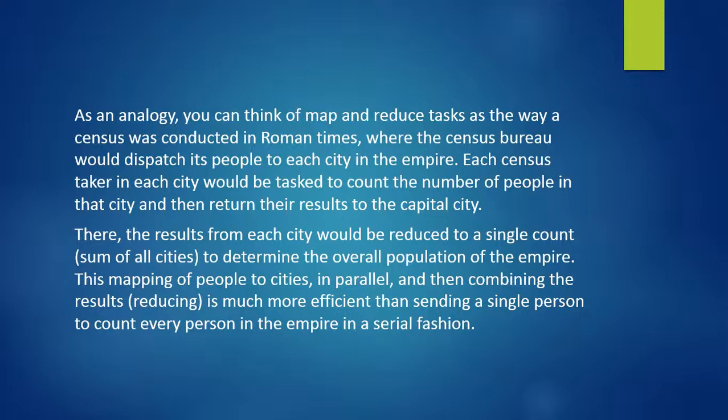There, the results from each city would be reduced into a single count, the sum of all cities, to define the overall population of the empire. This mapping of people to cities in parallel and combining the results, which is like reducing, is much more efficient than sending a single person to count every person in the empire in a serial fashion, which would be time-consuming and not scalable.